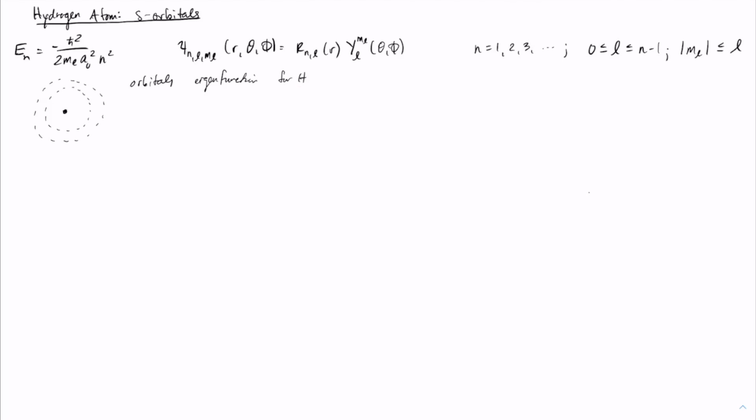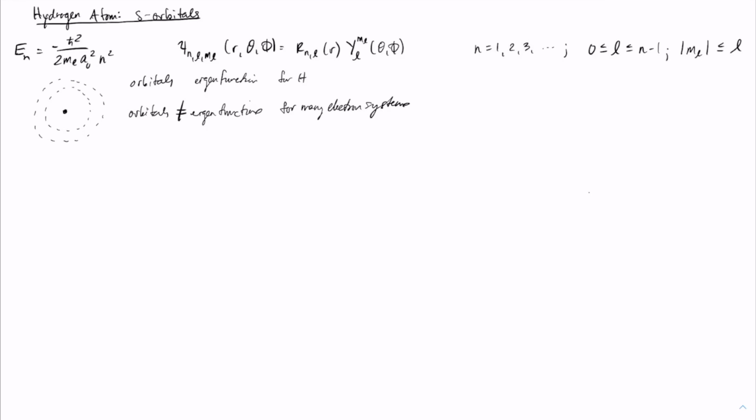There's a really important distinction though, which is that orbitals and eigenfunctions for many electron systems are absolutely not the same thing.